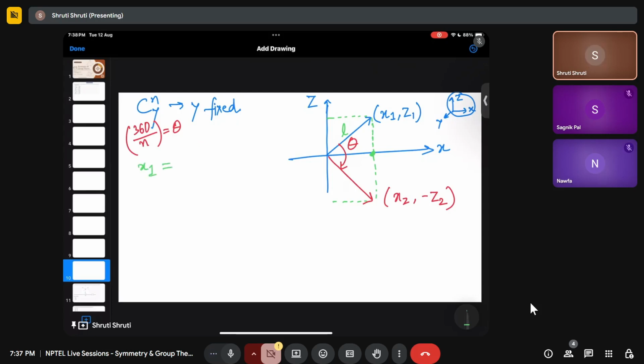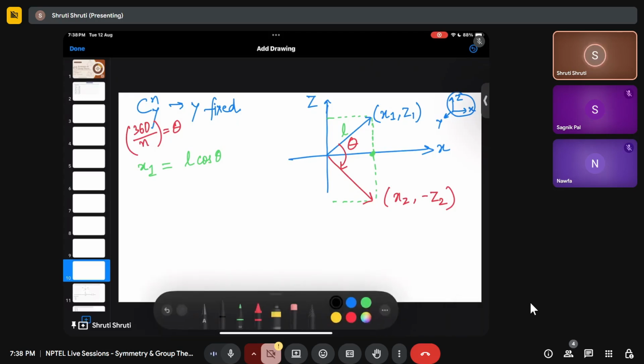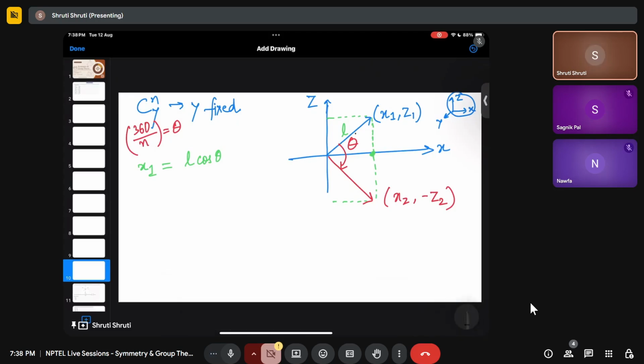X1 will be L cos theta. No, not theta. Let us take this smaller angle as alpha. So this angle will be theta minus alpha.